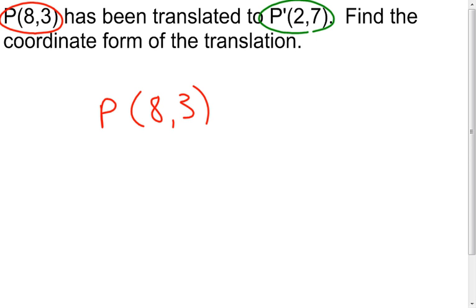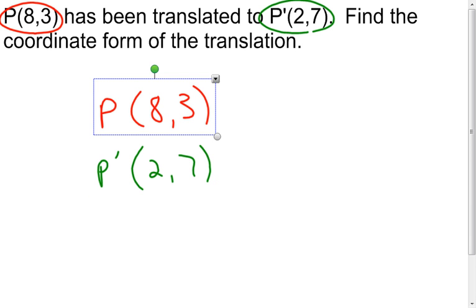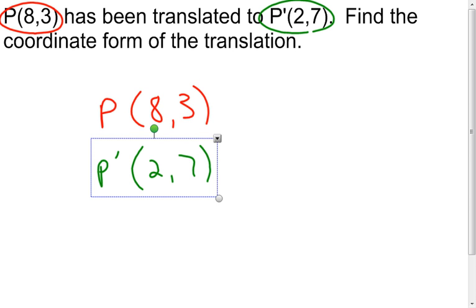I'm going to take my point P prime that's at (2, 7). And what I like to do to start with is I just like to look at this and go, well, if I'm at 8 and I go to 2, I've subtracted 6. And if I'm at 3 and I go to 7, I've added 4.